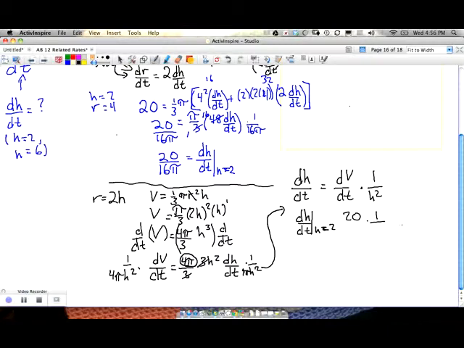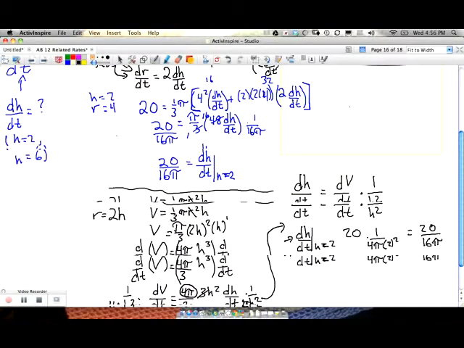So I got the 4 pi. It's going to be in the denominator. Almost forgot that. 4 pi. h squared is going to be 2 squared. This simplified would be 20 on top. 4 times 4 is 16, so that's 16 pi. And of course we need to remember units. We're talking about the rate of change of just one dimension. So that's going to be, what are we doing, meters here?